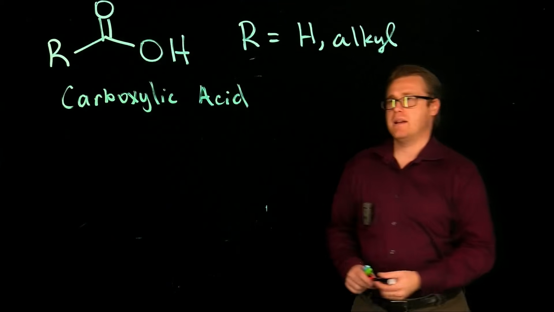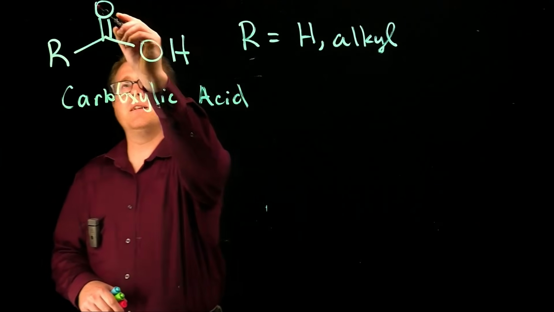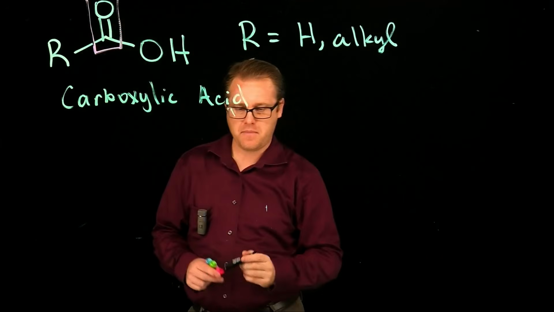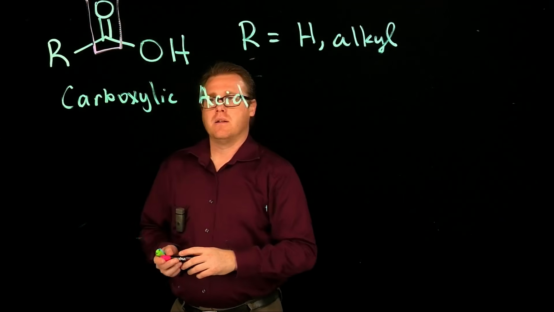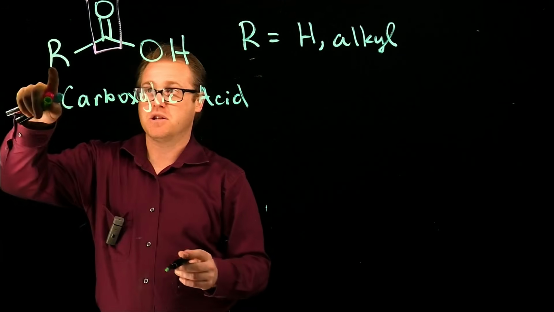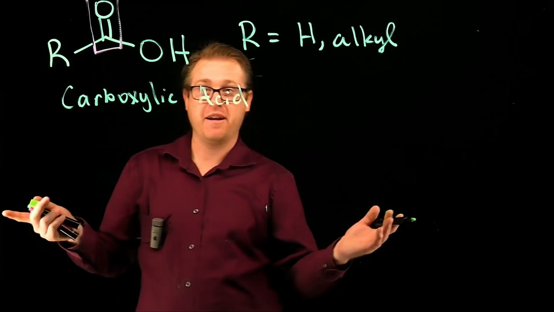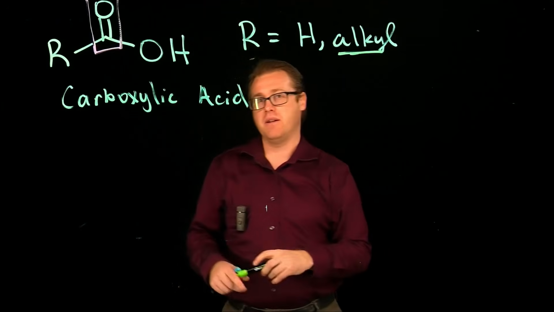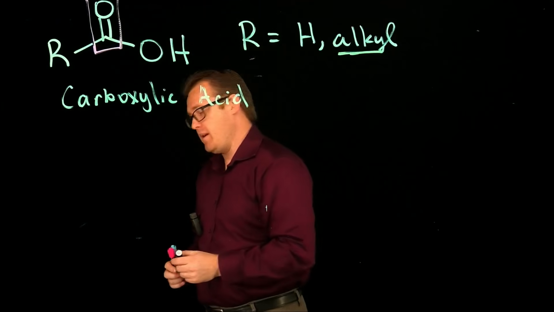Now notice the carboxylic acid has a carbonyl. So for examples of carboxylic acids, just replace the R group with a hydrogen or an alkyl group. And when you're doing alkyl groups, they can be anything really. So the sky's the limit.